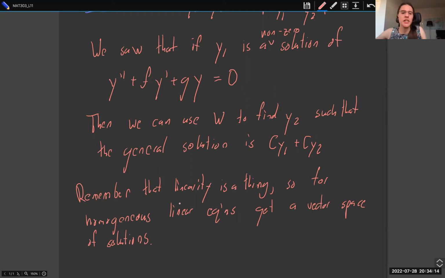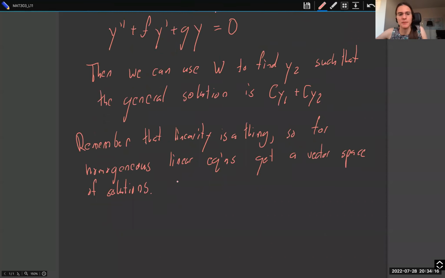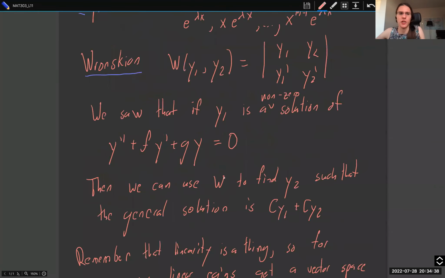And in the inhomogeneous case, you get an affine space, which means that there's a particular solution, and then you add all of the homogeneous solutions in order to get the general solution.